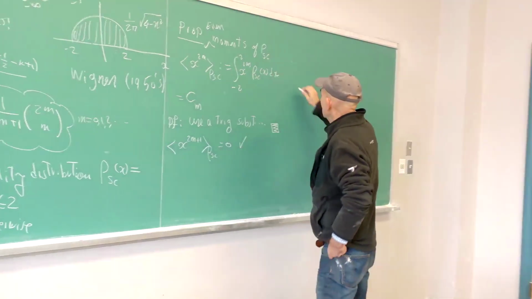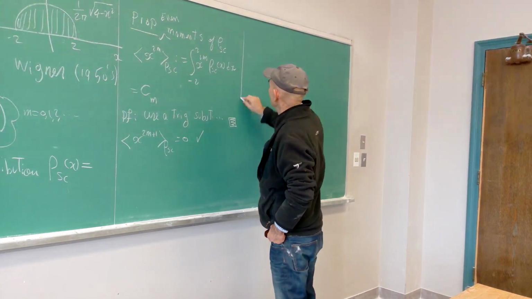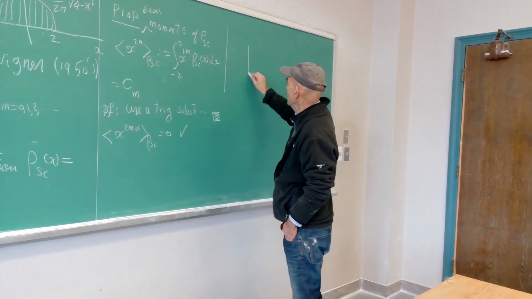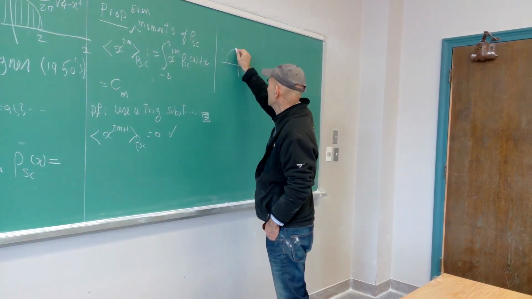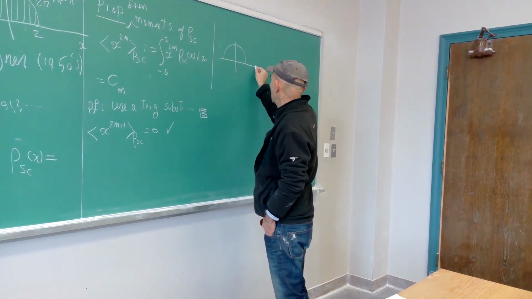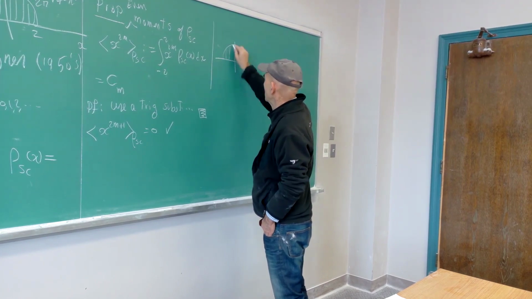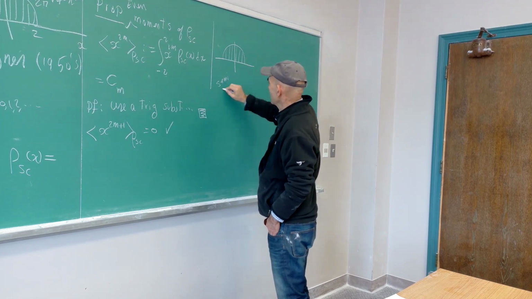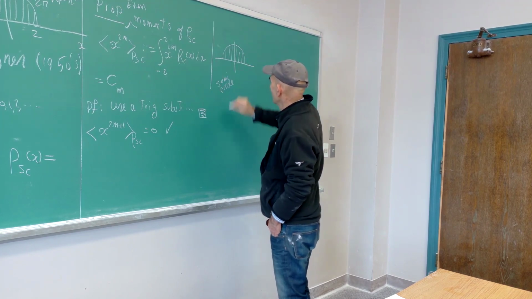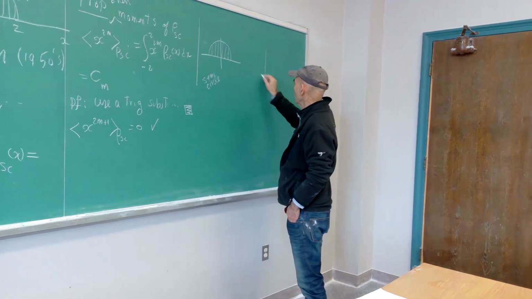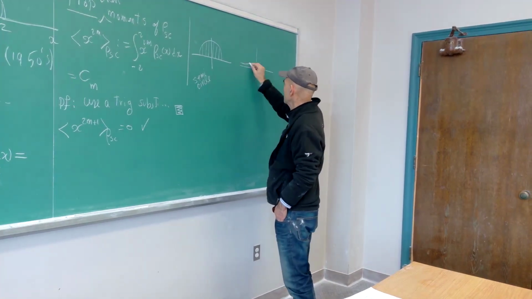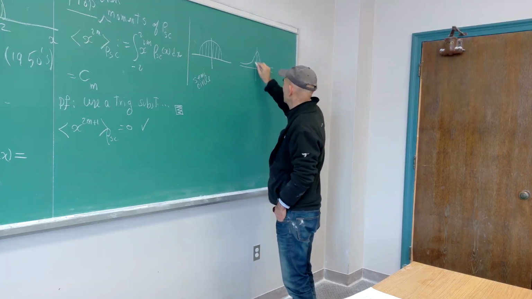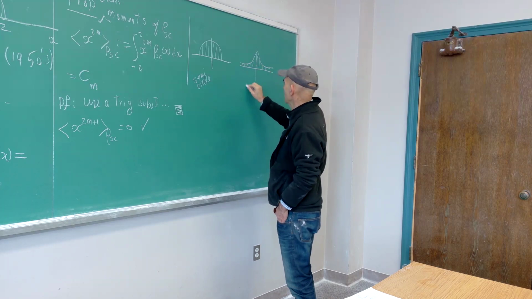So here let me put semicircle law. Because we have these two laws now, one is this one, the semicircle, and the other one is, of course, the Gaussian normal distribution.